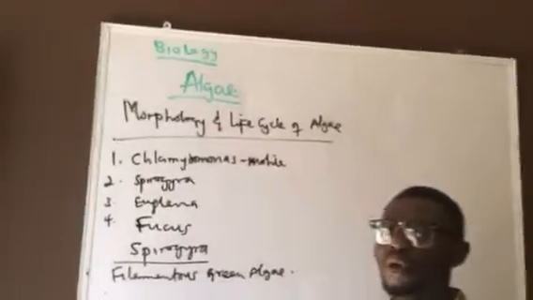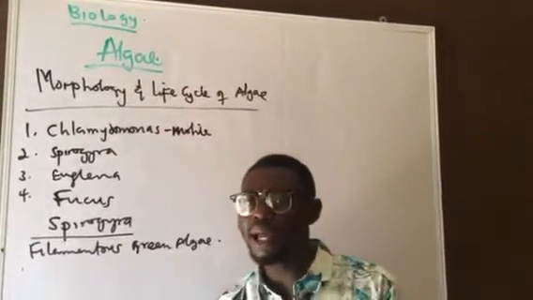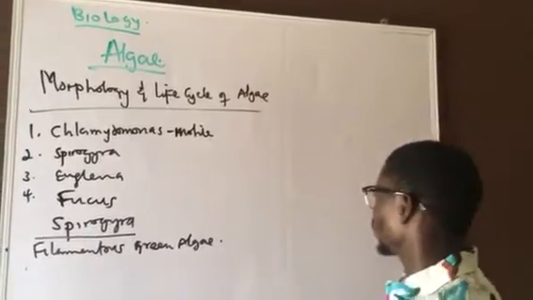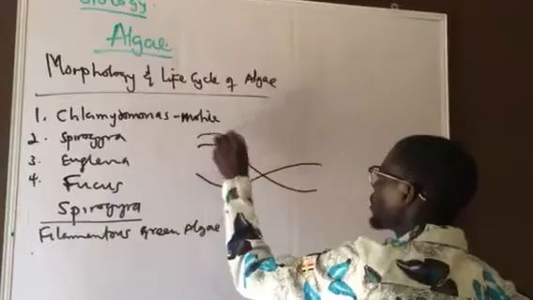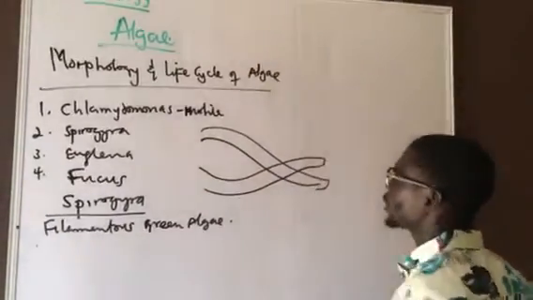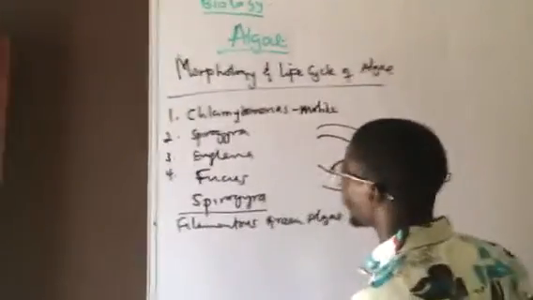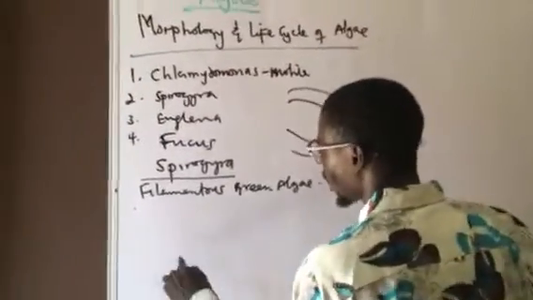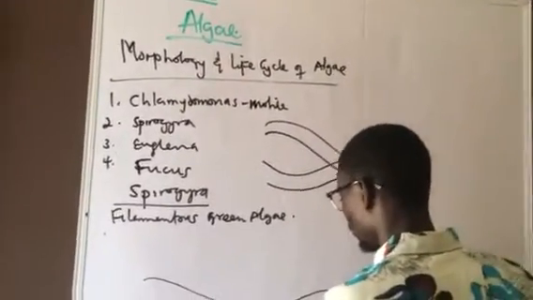So this Spirogyra consists of filaments. They contain cells that make it long like a filament, and this filament can be branched and sometimes unbranched. So when you have the structure of Spirogyra, you can have something like this.